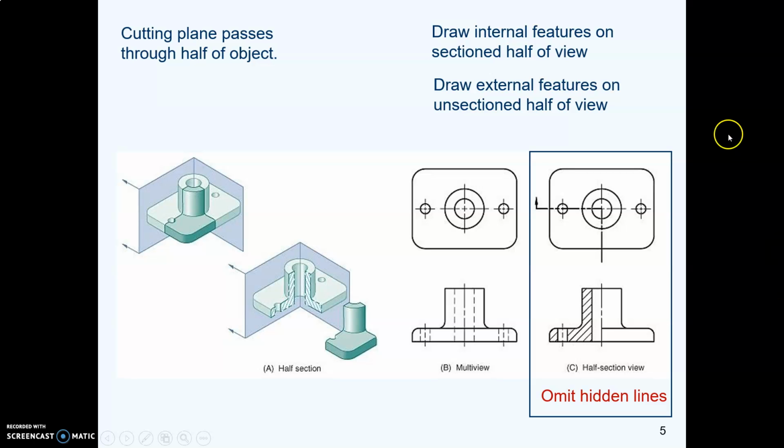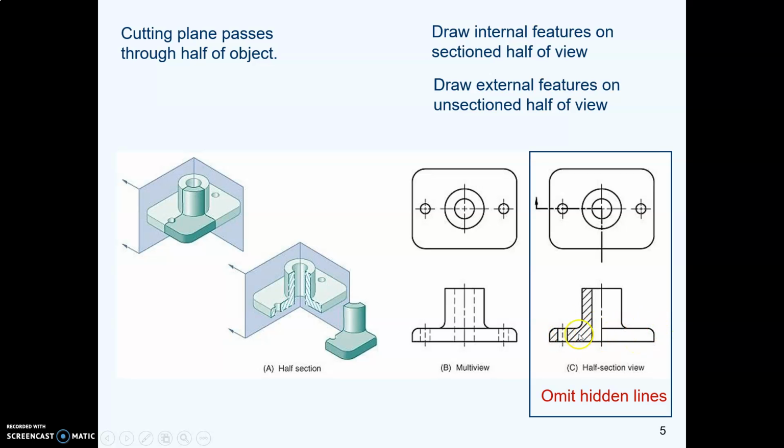Here's another example of a half section. So here's a part with a quarter of the part cut out, and they threw away that front quarter. And here is what the half section looks like. So you see the section view on one half, center line, outside view on the other half.